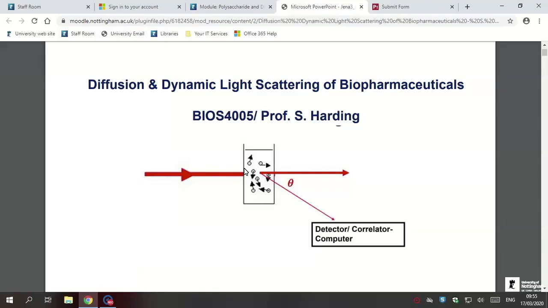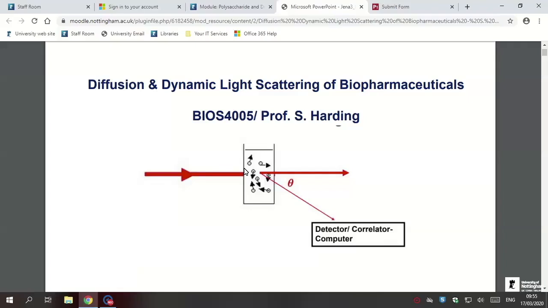Okay? So it's a bit like sedimentation in a way. The rate at which particles sediment, in this case, the bigger the particles, the faster they sediment. But like dynamic light scattering, the more compact the particles, the faster they sediment.